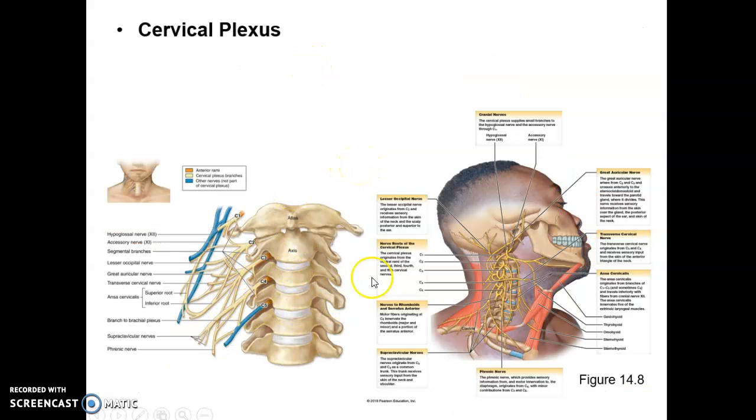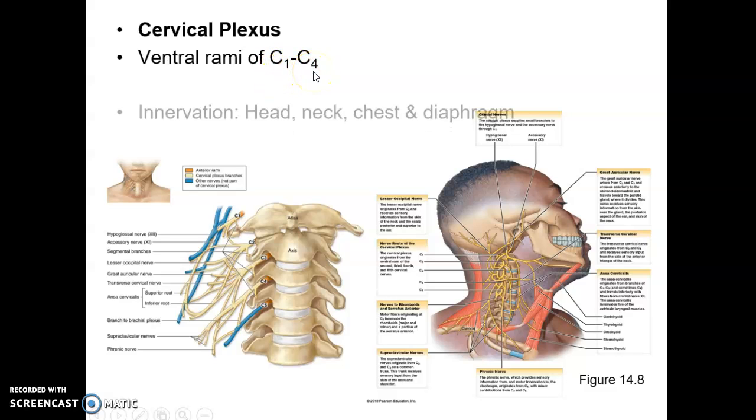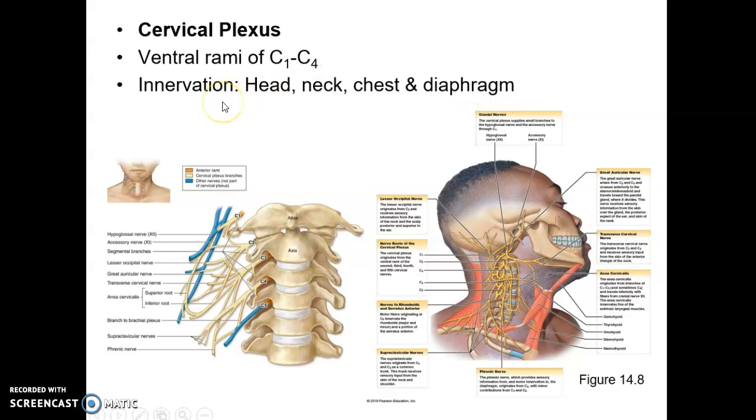So the cervical plexus out of the neck, it's formed from the ventral rami of spinal nerves C1 through C4. Innervation: the head, neck, chest, and the diaphragm. Okay, so the cervical plexus will innervate these regions of the body, and the only nerve you need to know by name is the phrenic nerve.